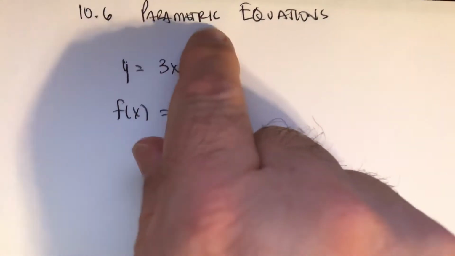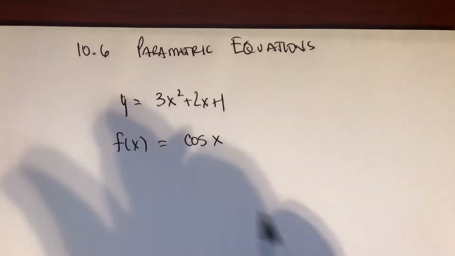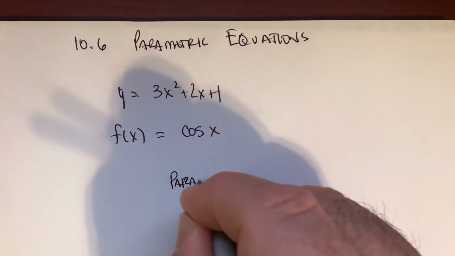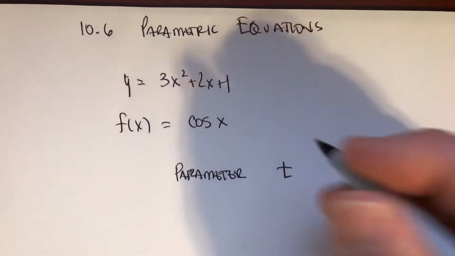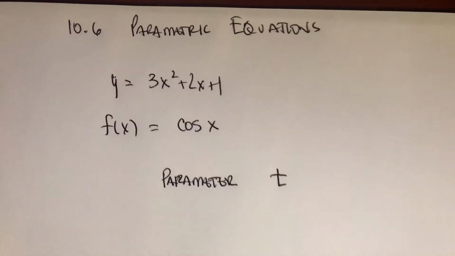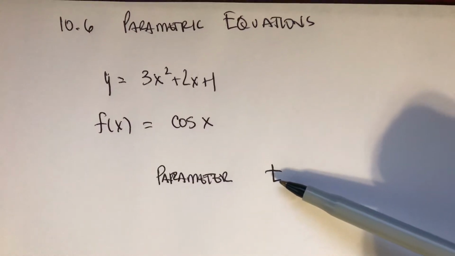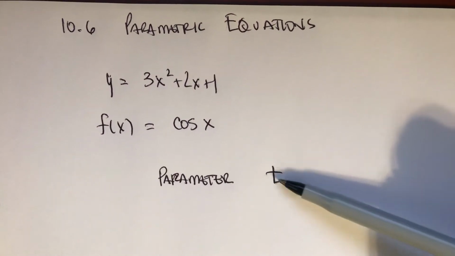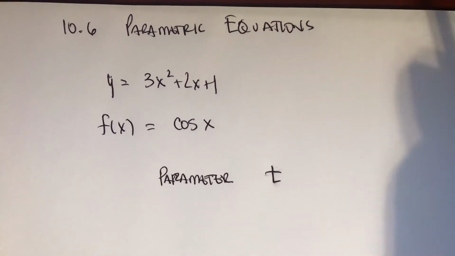Well, in parametric equations, we add an extra variable. That variable is called the parameter, and it's typically the variable t. Now, the reason that we use t is that one of the biggest applications of parametric equations is motion in two dimensions, that we do a lot in physics.